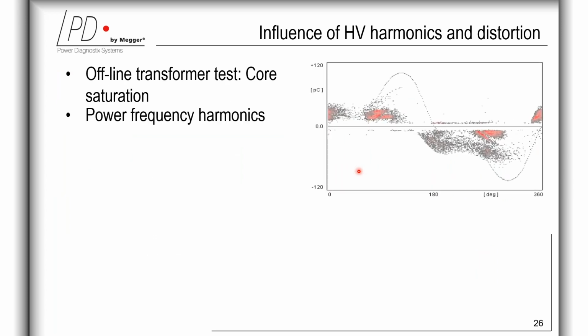So regarding the influence of high voltage harmonics and its distortions, some basic pattern examples are provided in the slide. Firstly, here you see a pattern from an offline transformer test where there's a core saturation. This is basically a distorted shape of the high voltage with a dominant content of the second harmonic.